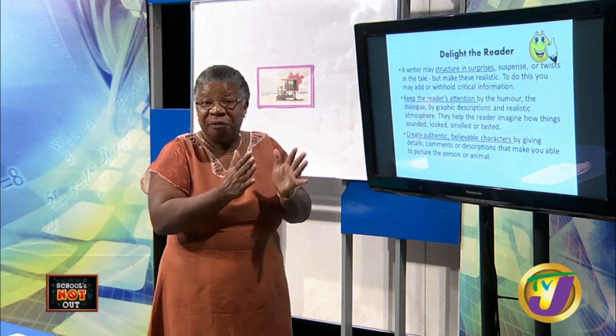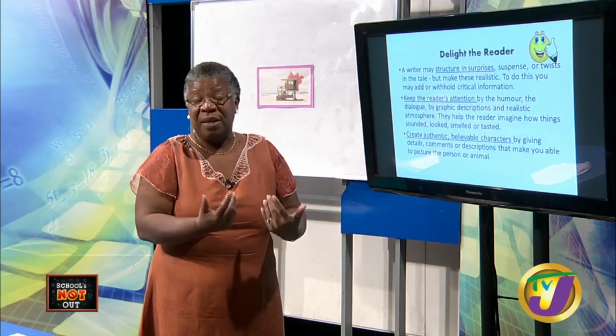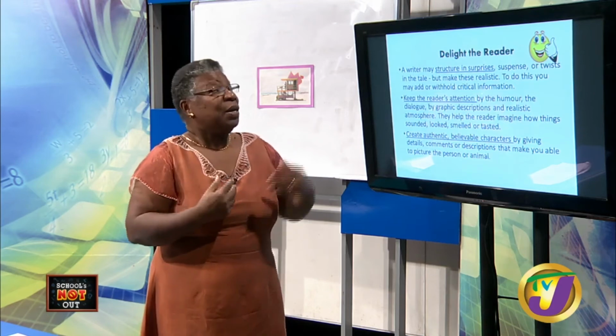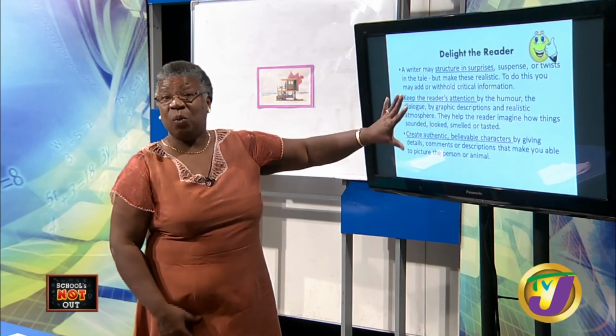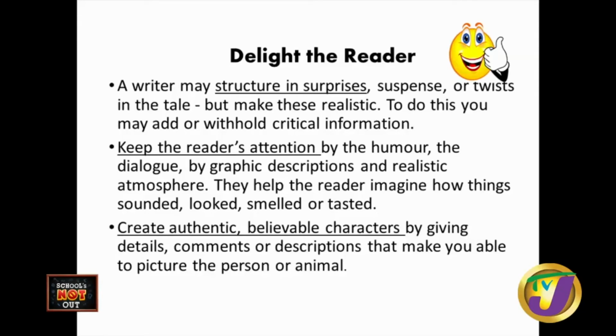All of those fit together to help your reader to picture what's going on. So this is what you are aiming at, and this is what your examiner aims to score. Your examiner wants to give you a high mark because you have delighted them. Very, very important.